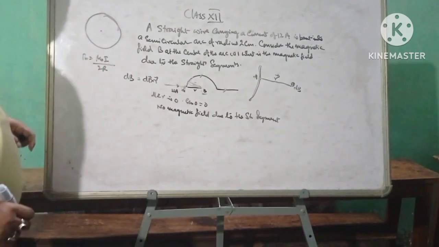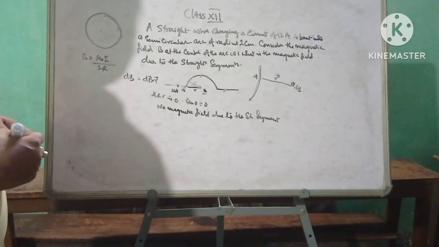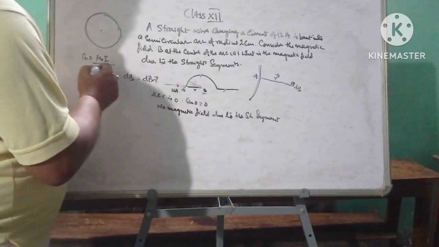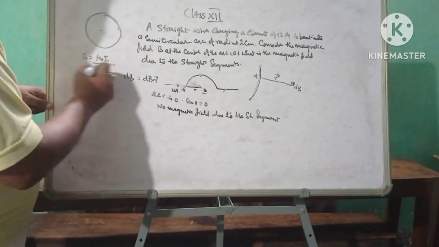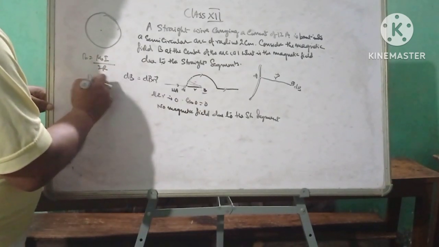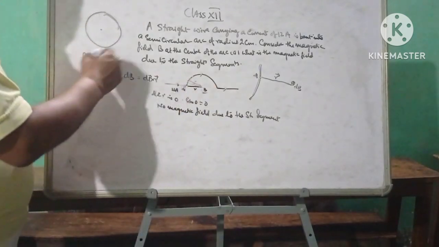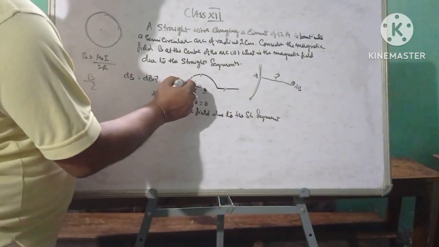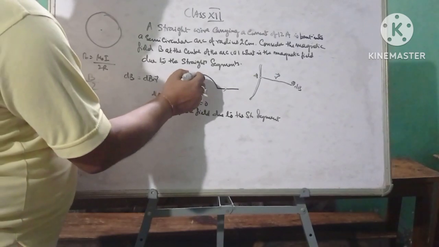So the magnetic field at B will be half of it, mu naught I by 4r.